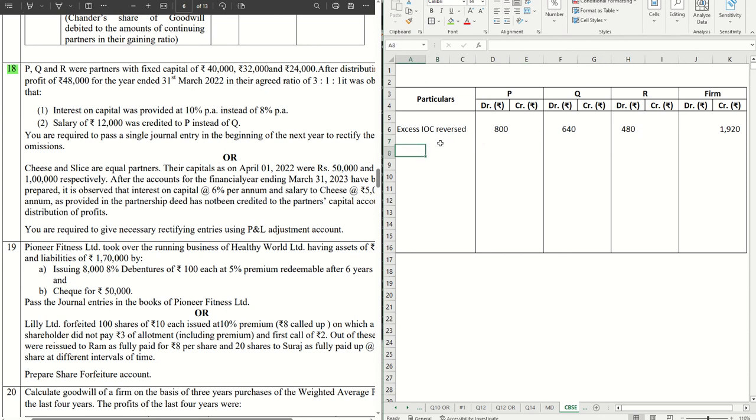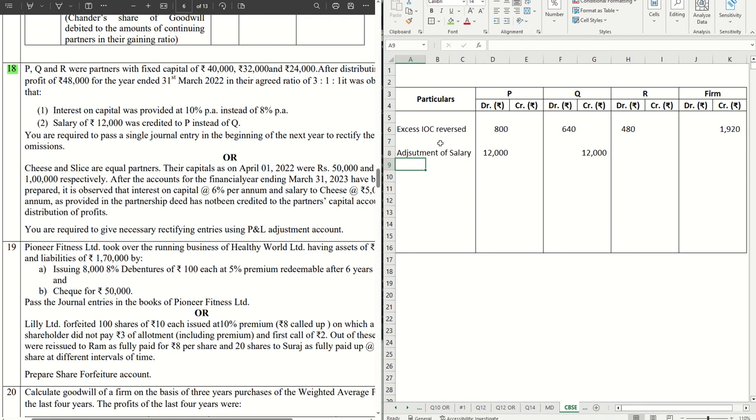Then we have the salary adjustment. Adjustment of salary, it was credited to P, so we have to debit it to P, reverse it, and give it to Q, so credit it to Q, right?